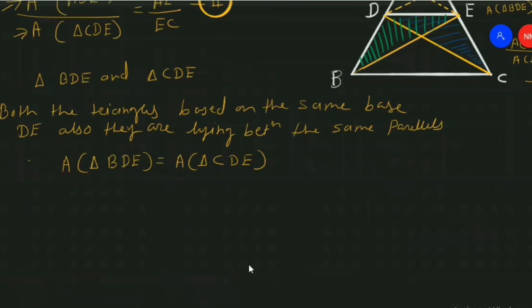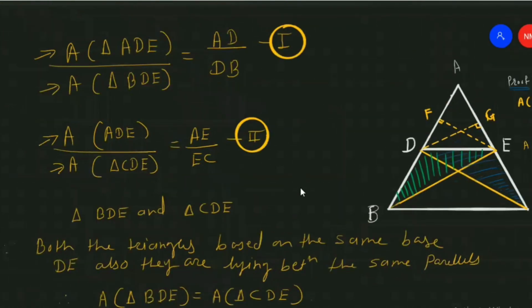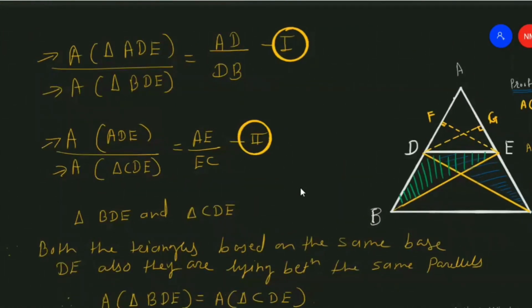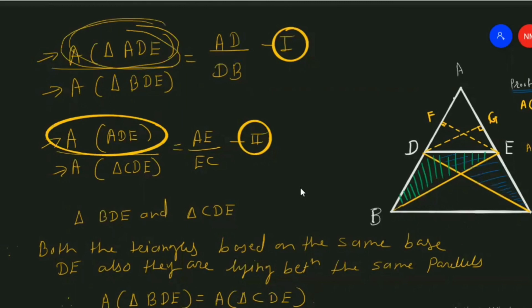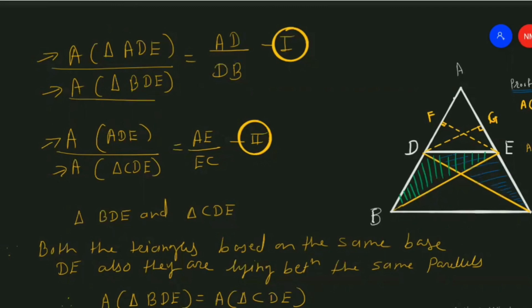If the areas of these two triangles are equal, then what can we say about equation 1 and 2? We have already compared the numerators, and the numerators are the same. Here we have proved that the denominators are also the same. If the denominators are also the same, then the ratios will also be the same.